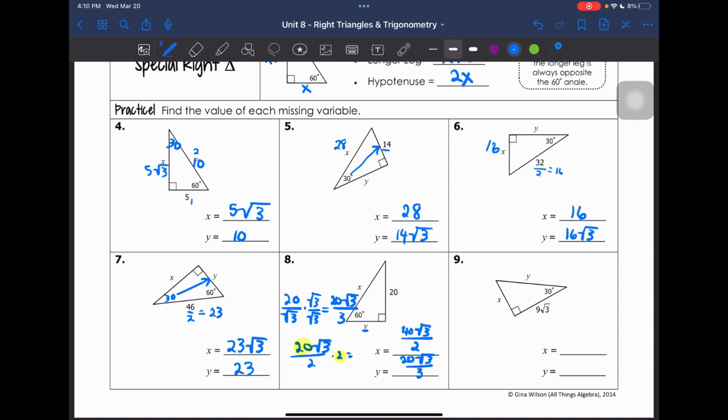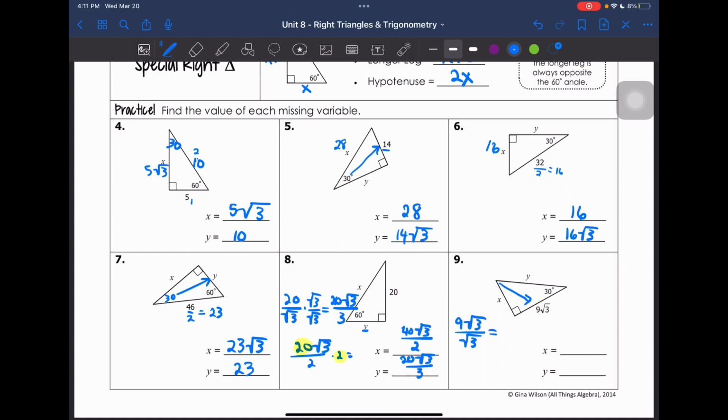All right, and number 9. So I'm starting with the longer leg again. It's across from the 60-degree angle. So I need to do the same thing that we just did. I need to take 9 root 3 and divide that by root 3. Well, the good thing about this one is that I don't really need to do much, considering that whenever you divide something by itself, it just comes out as 1, right?